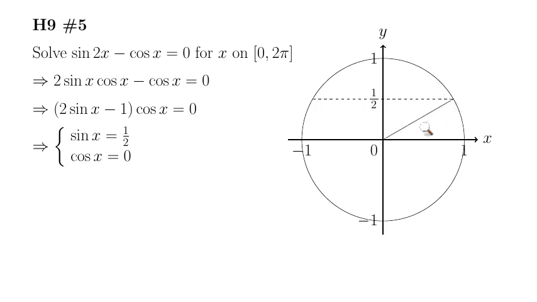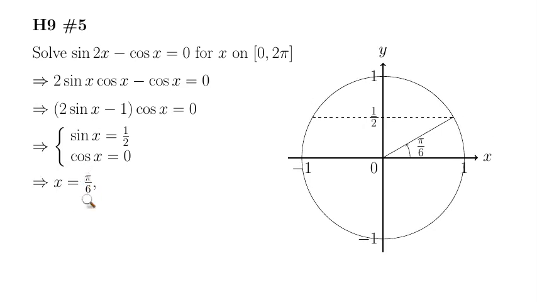That angle there is going to be 30 degrees or pi over 6. So one of the x values is pi over 6. Let me write that down. We found at least one value, pi over 6.